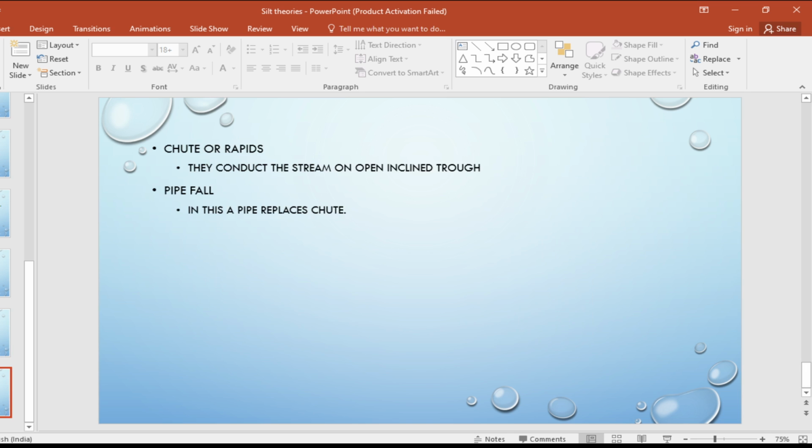Now the second principal type under this class 4 is chute or rapids. These types of falls conduct the stream on an open inclined trough.